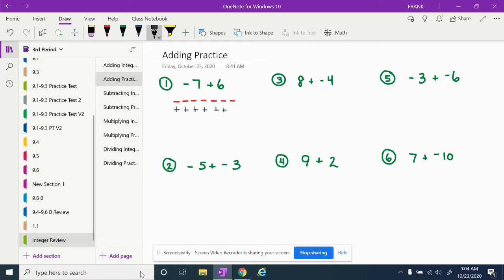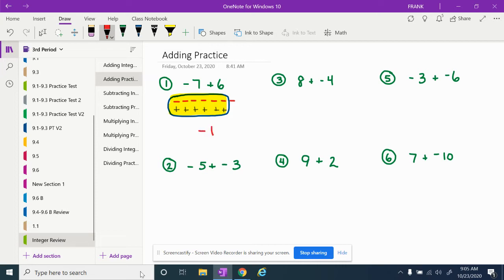I line them up so it's very easy for me to see which ones cancel out. So I'm going to collectively say all of these cancel out. So all of those disappear. Everything inside here goes away. Okay? And then you can clearly see that I still have one little negative left. So my final answer would be -1.